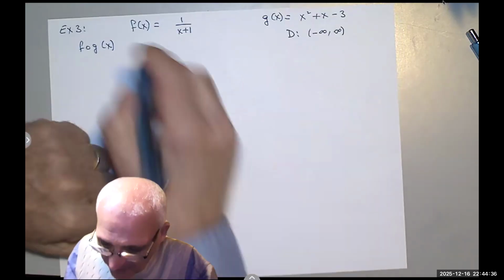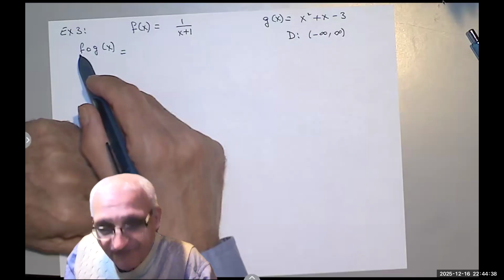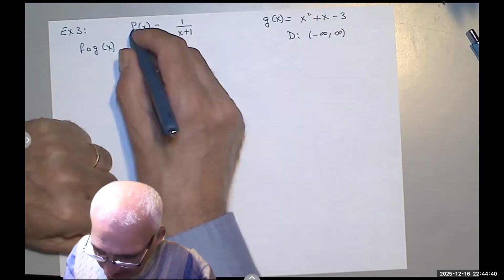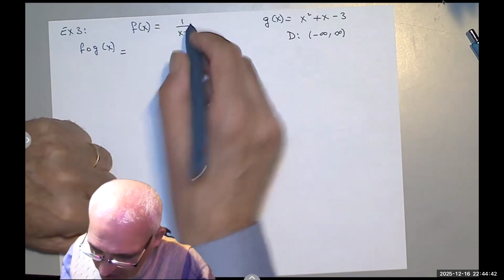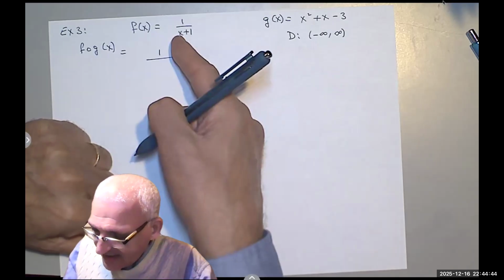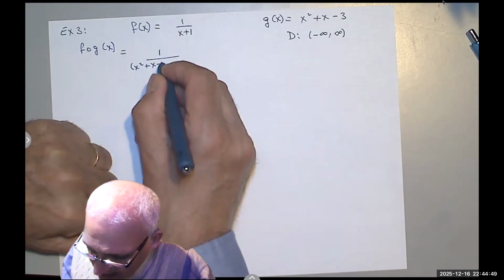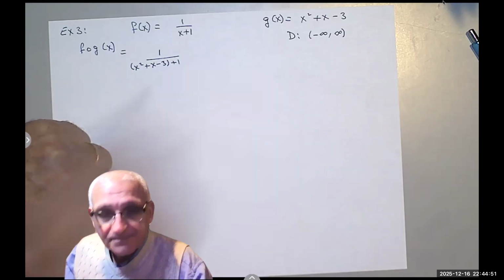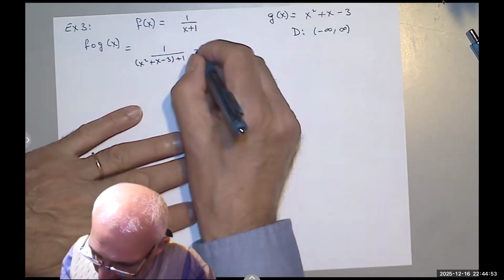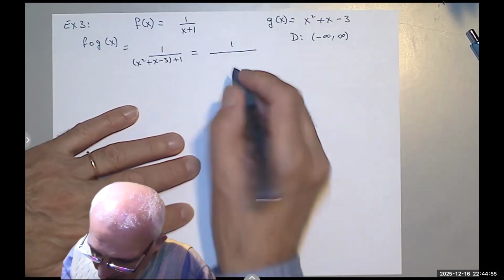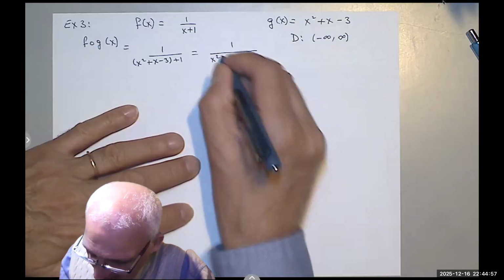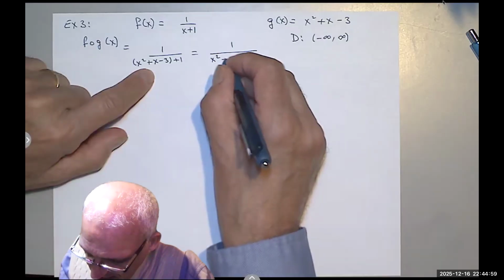Then we construct the function. Notice f of g of x. So I start with f. It's 1 over, oh, I have an x. So instead of x, I'm going to write x squared plus x minus 3 plus 1, which means it's a ratio. So I want to see what values of x would make the denominator 0.